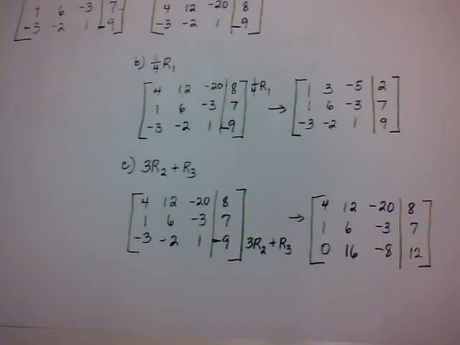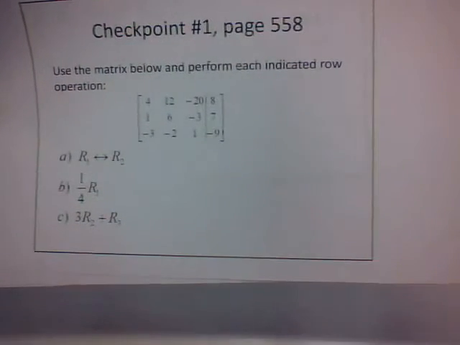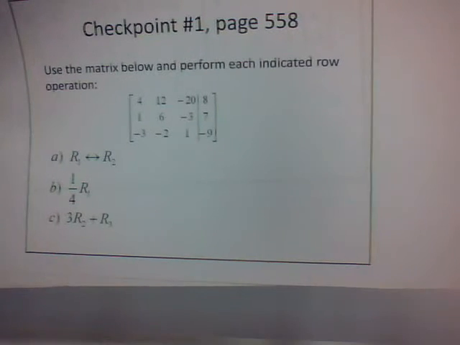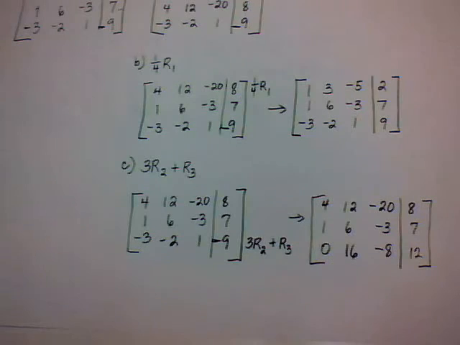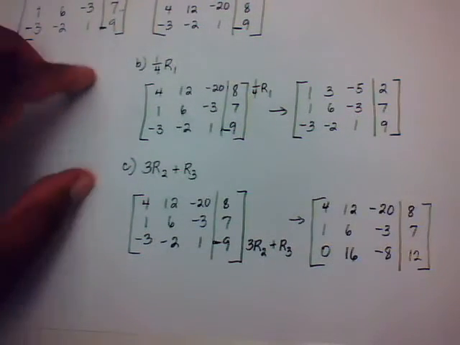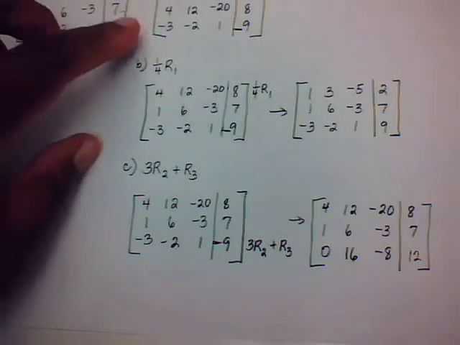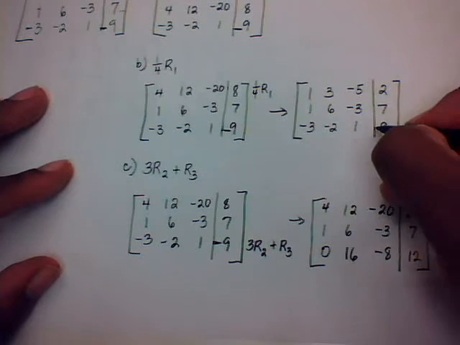Because the original problem had negative 9 in it. Negative 3, negative 2, 1, negative 9. And I think the others, pretty much in part A and part B, they pretty much remain the same.